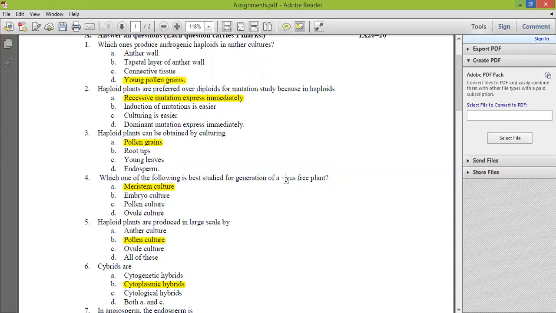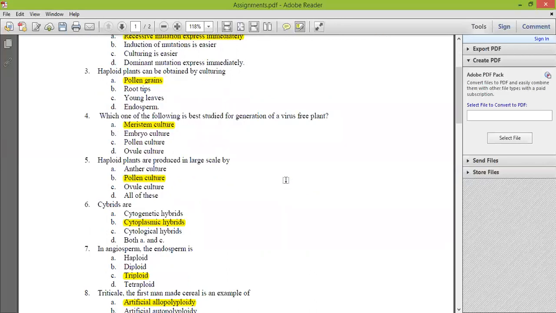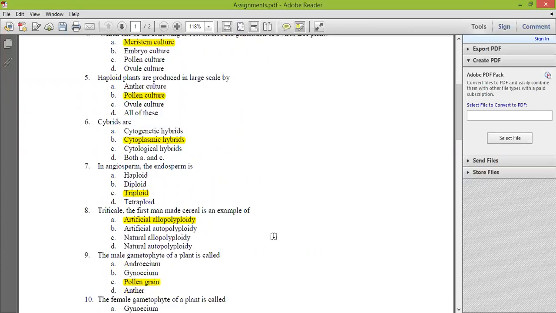The hybrids are cytoplasmic hybrids. In angiosperms, the endosperm is triploid in nature. The first artificial polyploid is an allopolyploid, meaning the hybrid between two different species.